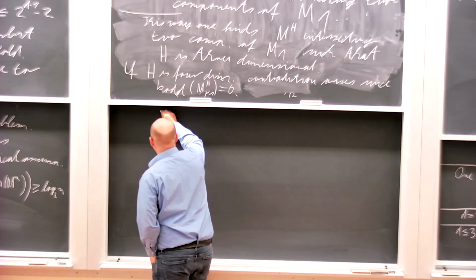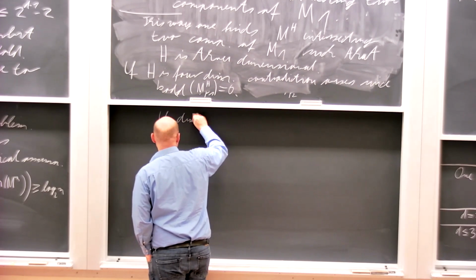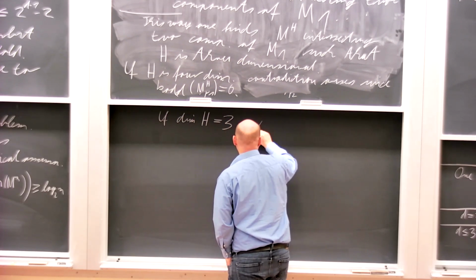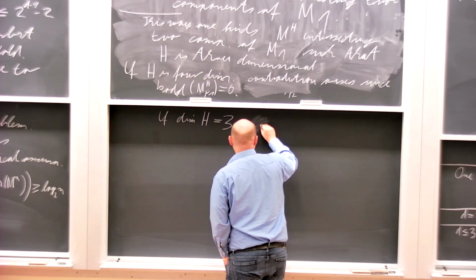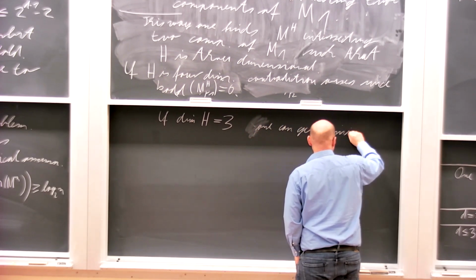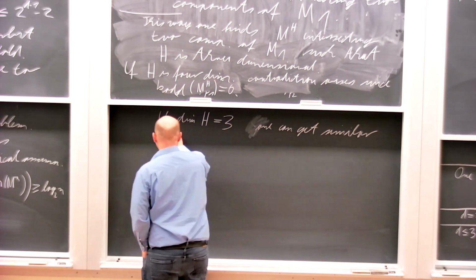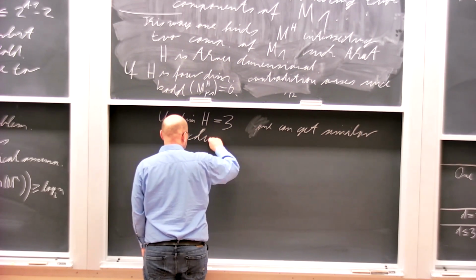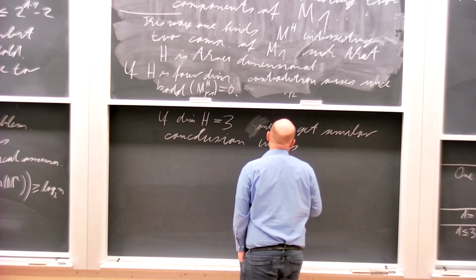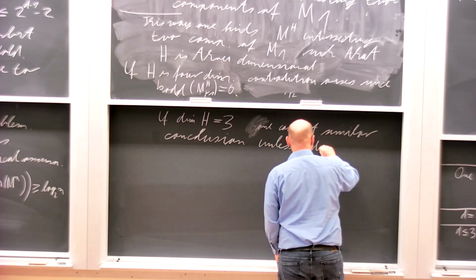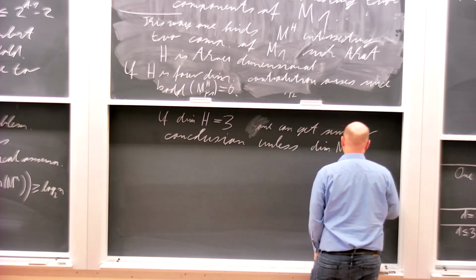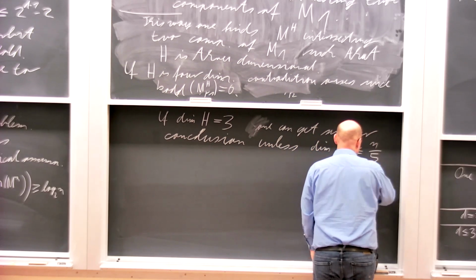All right, but even with the 3-dimensional case, if dim H is equal to 3, one can get similar conclusions unless the dimension of M^H is less, let's be generous, than n over 5.